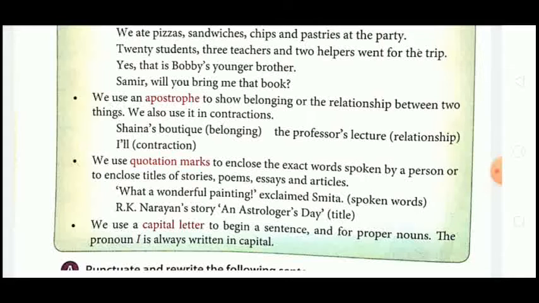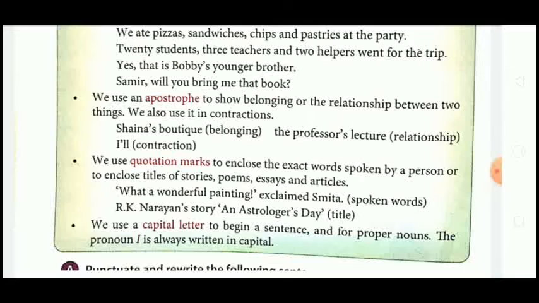See, example: "What a wonderful painting," exclaimed Smita. Here, the exact words spoken by Smita are "what a wonderful painting." To show those words, we use the quotation marks, starting from "what" to "painting."